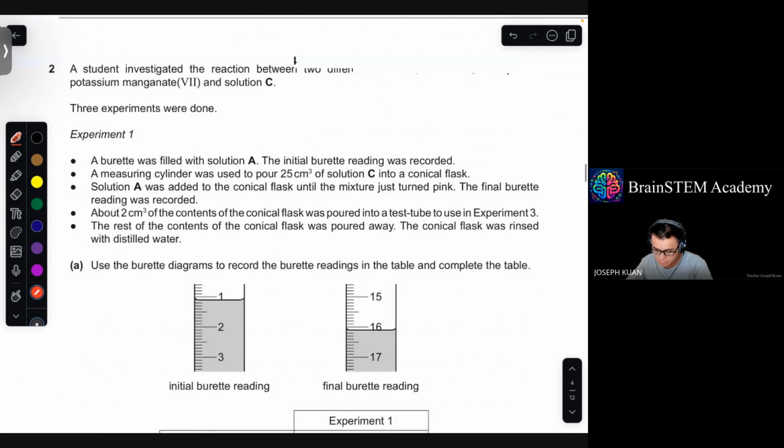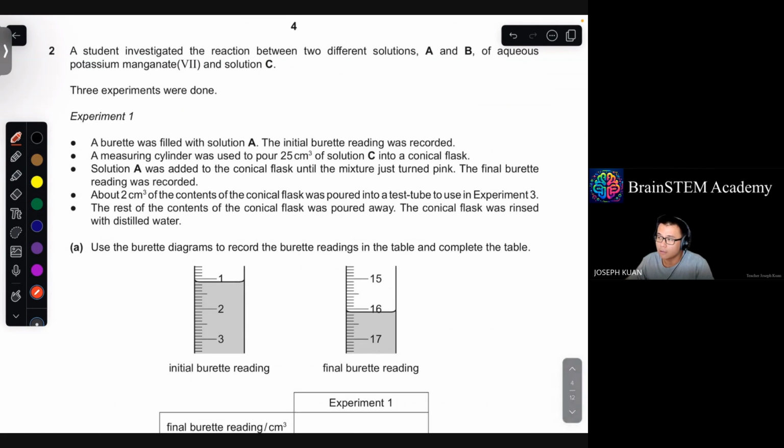Moving on to number 2. All right, a student investigated the reaction between two different solutions, A and B, of aqueous potassium manganate 7 and solution C. So A and B are potassium manganate 7 solutions. Okay, and solution C, we did not have any data regarding what solution C is. 3 experiments were done.